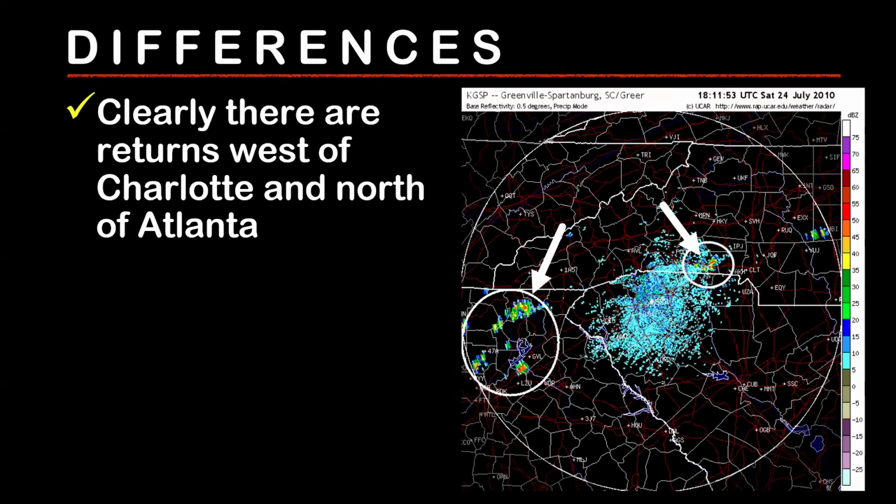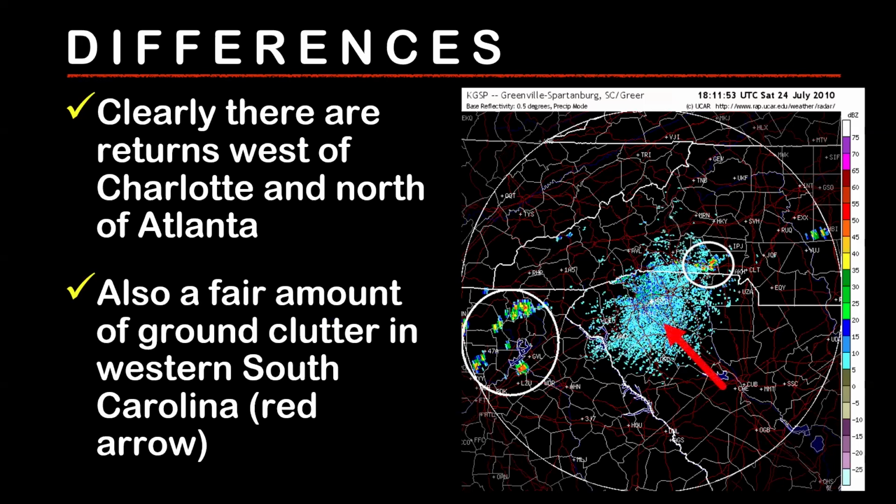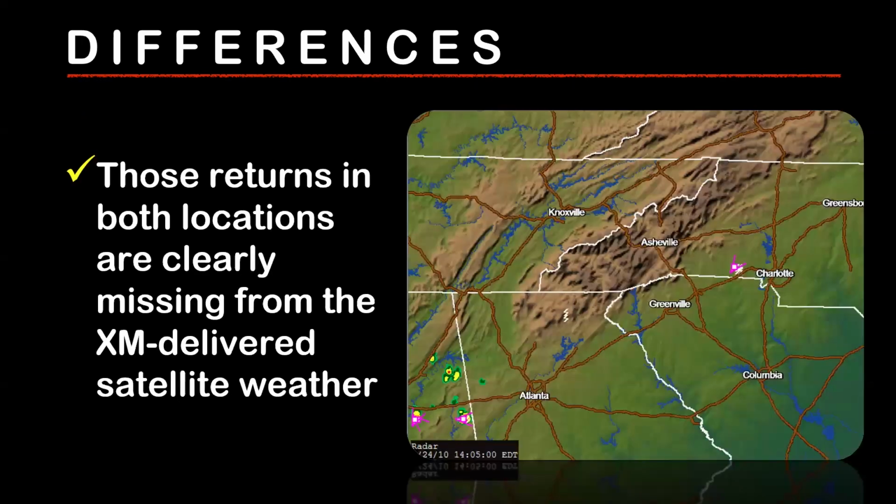So clearly there are returns west of Charlotte here and north of Atlanta. You can see definitely returns there, and there's a lot of ground clutter around the radar site at the Greenville-Spartanburg Weather Forecast Office where the radar is, but you can clearly see there's returns there. But let's take a look at what was happening in this case with XM weather.